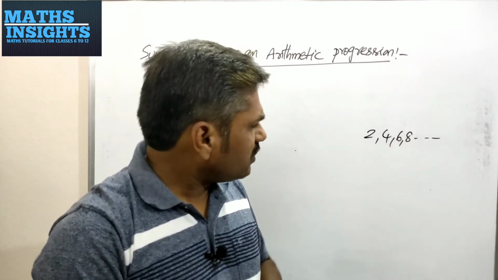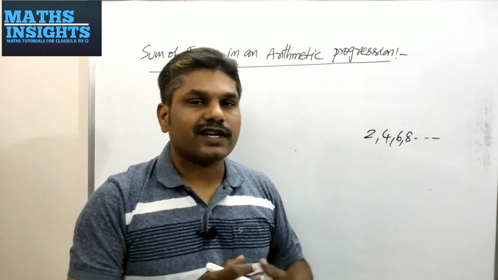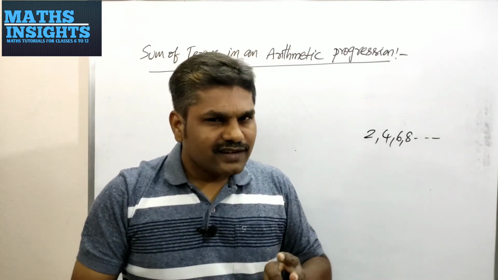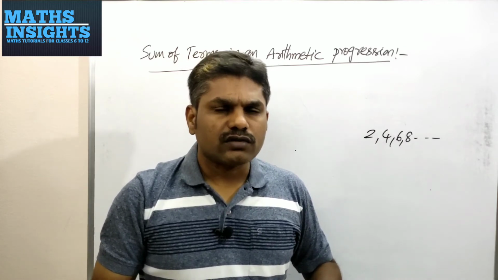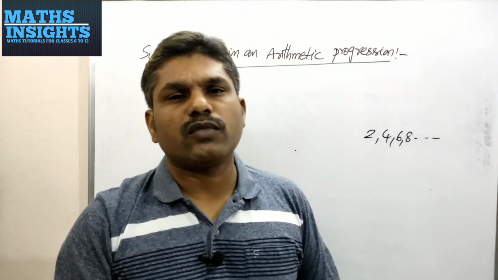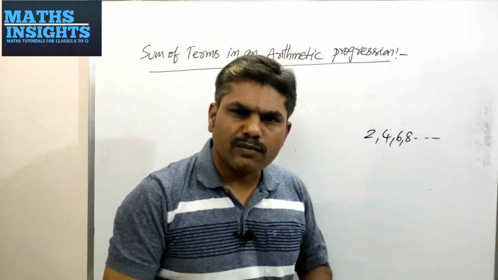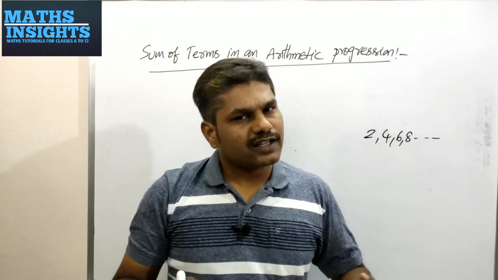But if they are asking what is the sum of 100 terms of this arithmetic progression, then it will become very difficult. So you should have a formula for finding the sum of any particular number of terms in an arithmetic progression.